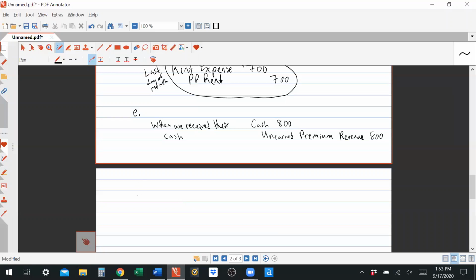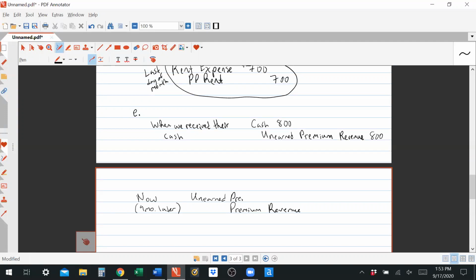Now, which is 9 months later, 9 months after this first entry, is to credit premium revenue. And we debit the unearned premium revenue because we've satisfied 9 months worth of our liability. We've insured them for 9 months.